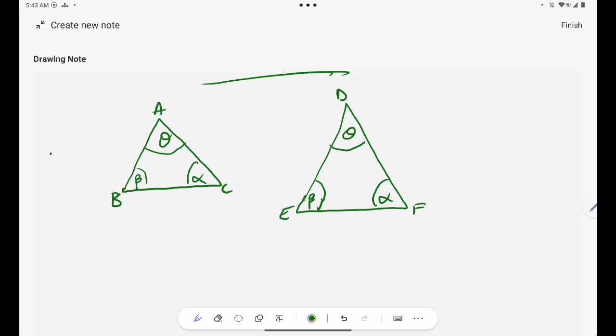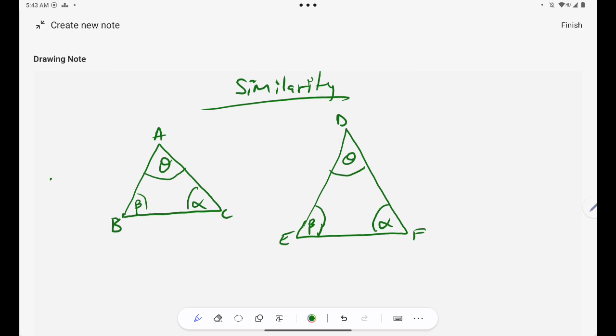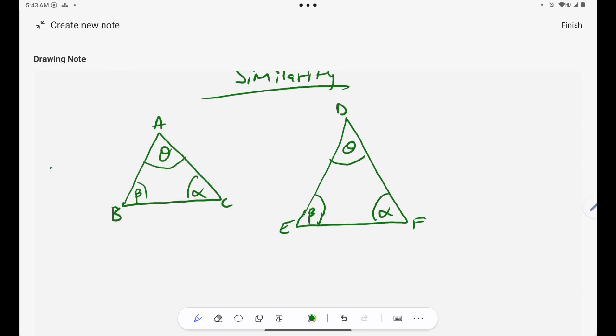Okay, in this case, guys, the theorem states that if two triangles are equiangular, simply means that the two triangles have equal angles together. And then you can therefore conclude that those triangles are similar, and hence the corresponding sides are in the same proportion.